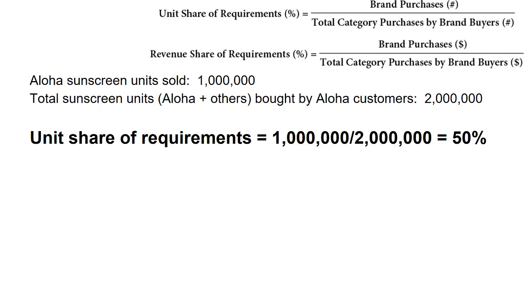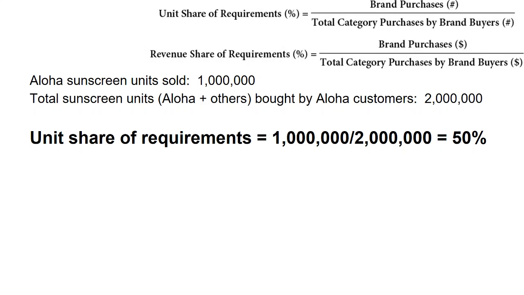So, everyone who bought Aloha, some of those bought some other brands as well. We know that 1 million total Aloha units were sold, but we also know that Aloha purchasers also bought our competitors' brands. So the total units sold of Aloha and competitors by anyone who bought at least one unit of Aloha was 2 million.